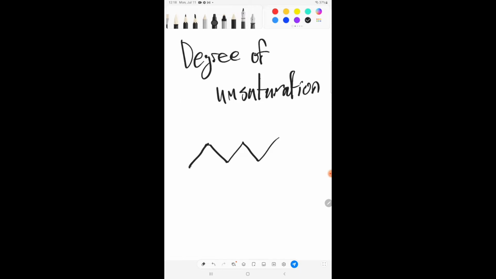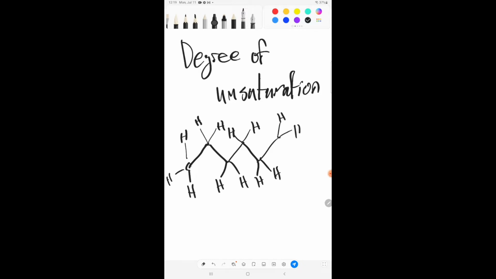Saturated fats are just comprised of CH bonds. It's a CH chain, right? So there's hydrogens just saturating all these carbons. That's what it means to be saturated as a molecule, to be fully covered by hydrogens as much as possible.